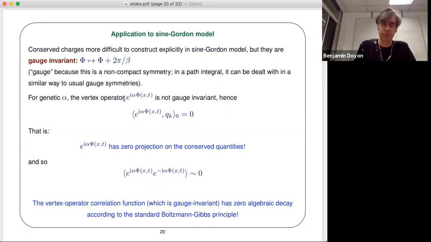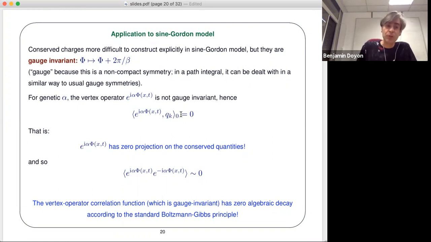For instance, the conserved charges themselves can be constructed in sine-Gordon. They're a bit more difficult to write explicitly, but we know that they are invariant under this symmetry. So if I look at a vertex operator, generically for generic real alpha, it is not invariant under this symmetry. And so I would expect this hydrodynamic overlap with conserved quantities to be 0.